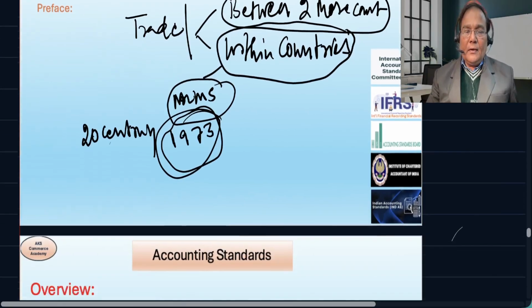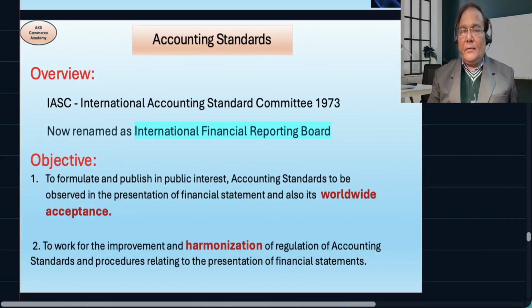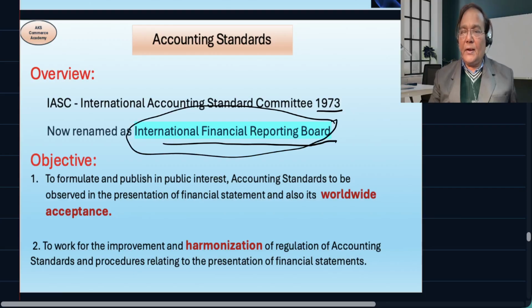Now let us see the accounting standard overview. The International Accounting Standard Committee, as I said, was set up in 1973. Its new name is the International Financial Reporting Board. This board has suggested the norms and accordingly they have been followed.